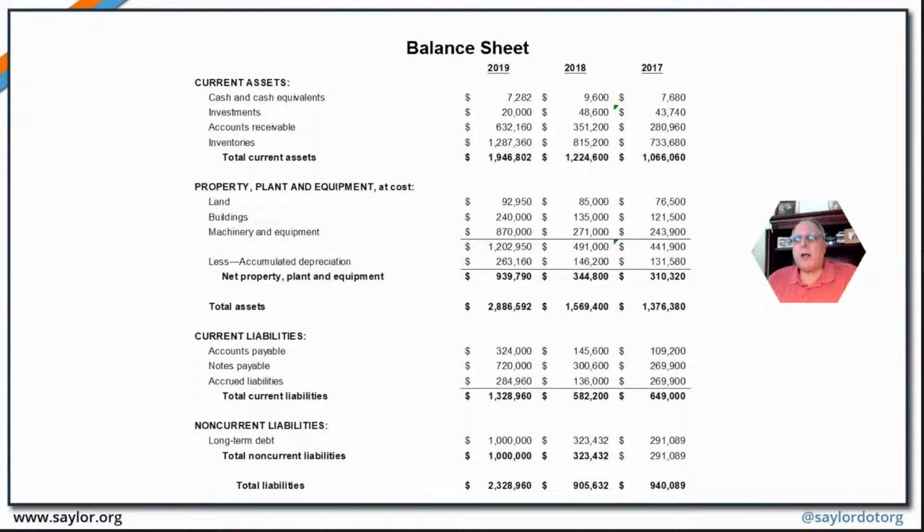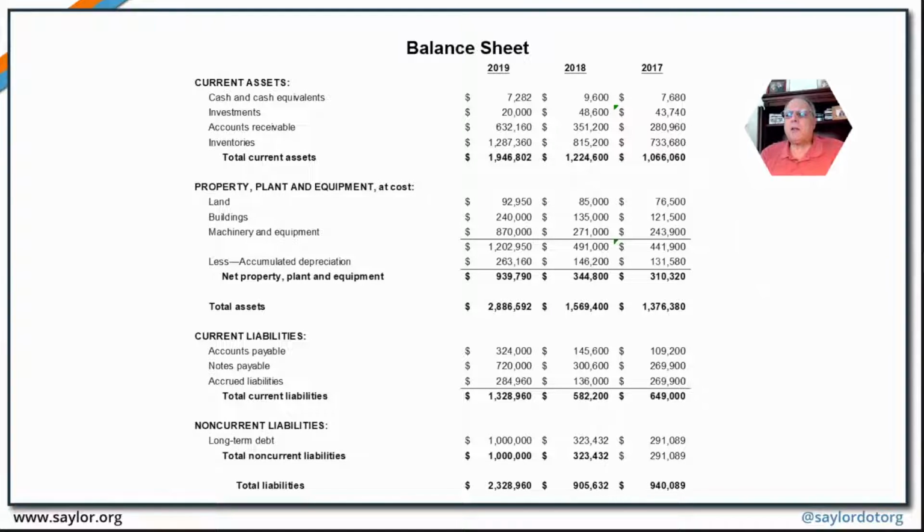So those are assets. Now, before I go on to liabilities, I'm going to make one more point about assets. I said that they are value, they're things that we own. Let's focus on inventory for just a second. Inventory has value. We've got $1.2 million of inventory that we expect to sell and turn into revenue.